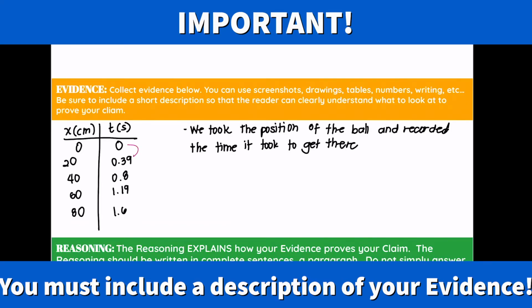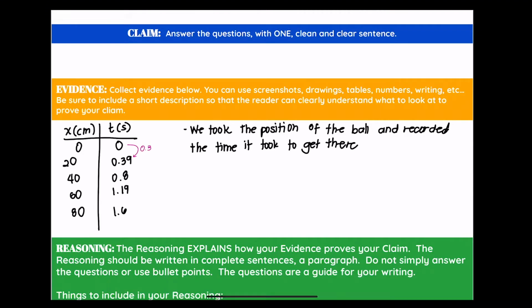From 0 to 0.39, we see that there's a 0.39 increase. And then from 0.39 to 0.8, we saw there was a 0.41 increase. And then from 0.8 to 1.19, there was another 0.39 increase.